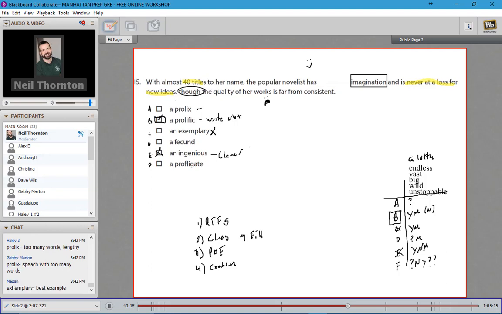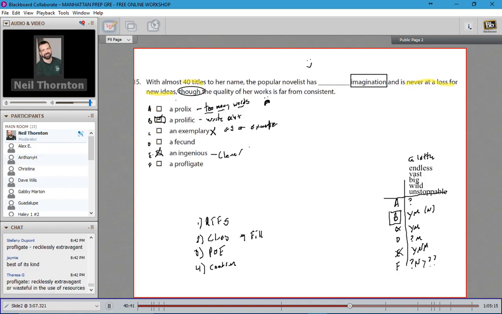All right, prolix is wordy and involves too many words, right? Okay, so that's too many words. Okay, that's great. Exemplary, serving as an example.